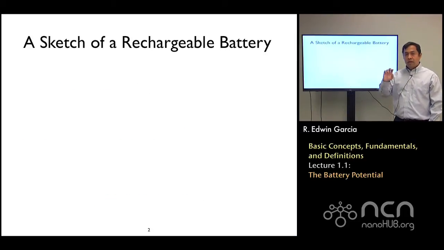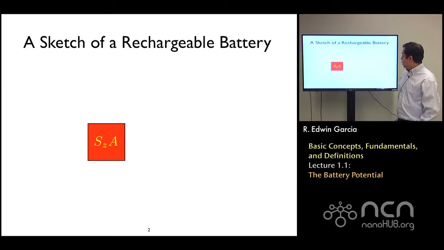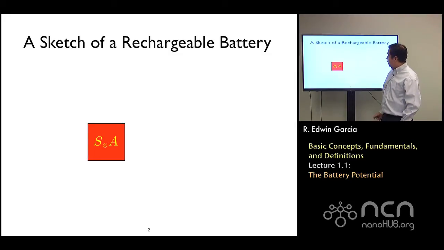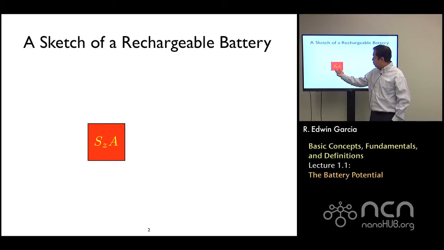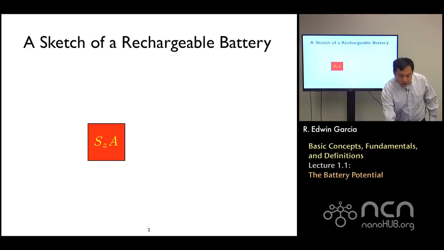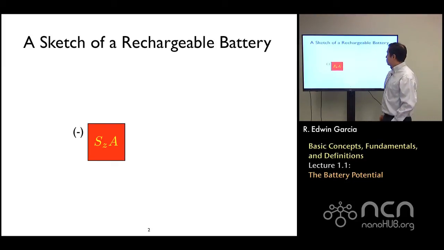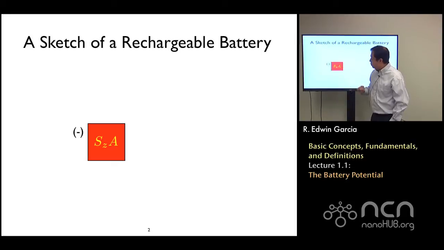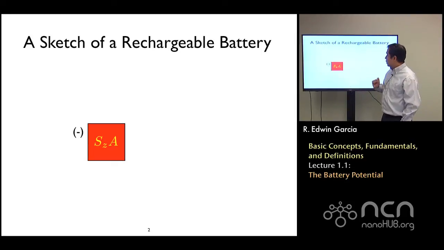First, I want to start by defining the very basic concept of what a rechargeable battery is like. You can think of this little block as a material that will store energy. You can think of it as a crystal that stores some abstract species S in a lattice that we are going to call A. This lattice, we're going to refer to as an anode, and for that we're going to put a negative sign.